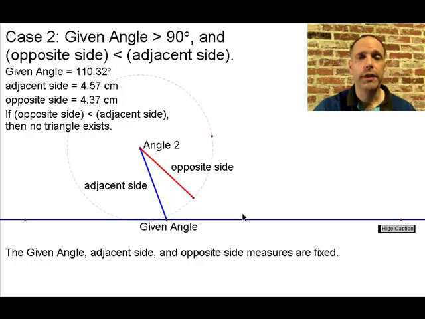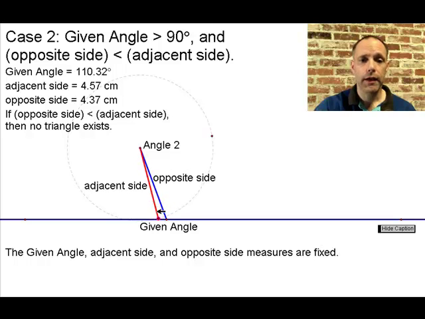The last thing we need to check is what happens when we're given an angle larger than 90 degrees and the side opposite that angle is shorter than the side adjacent to that angle. In our diagram here, notice that although the circle does intersect that baseline, it does not intersect the baseline on the side that we need to have it intersect on to have the obtuse angle.